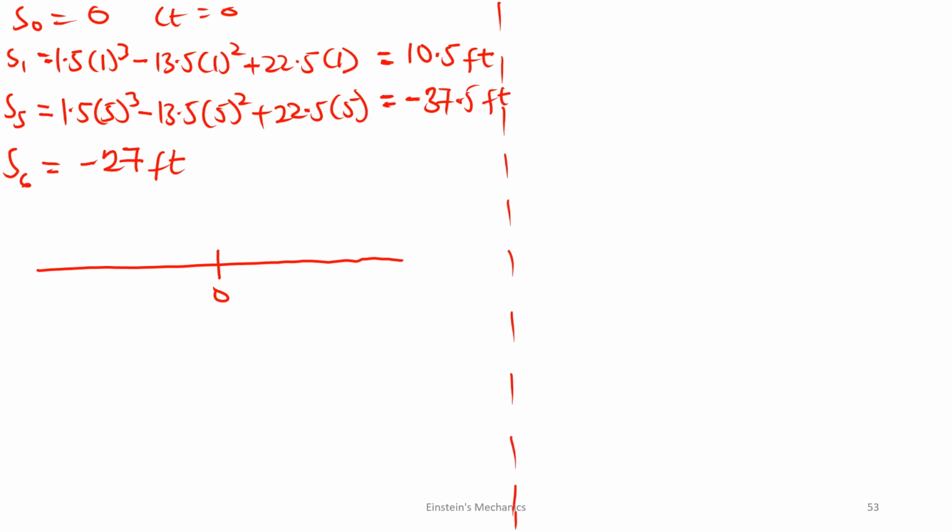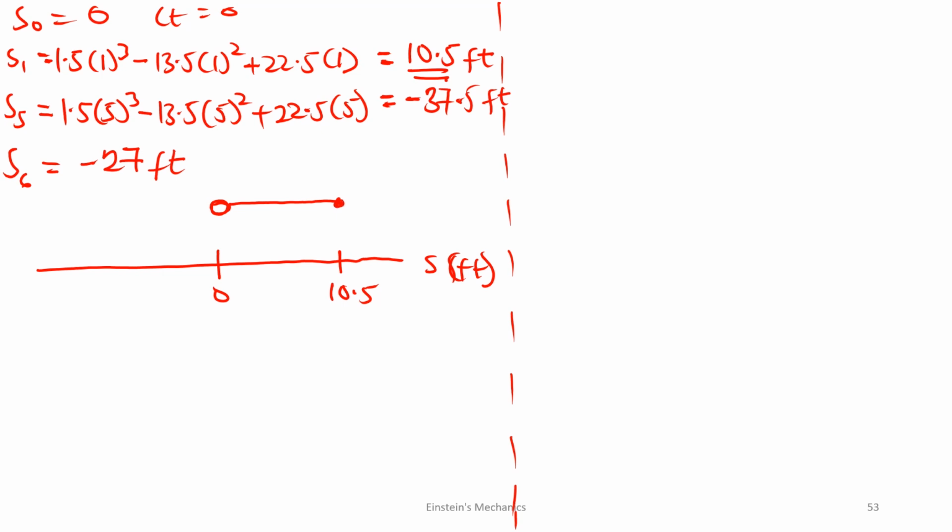At time 0, the particle is at the origin. After 1 second, we saw that the particle had moved to 10.5 feet. So this is s in terms of feet. It has moved to this point.